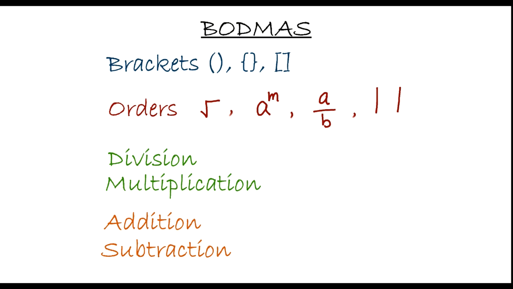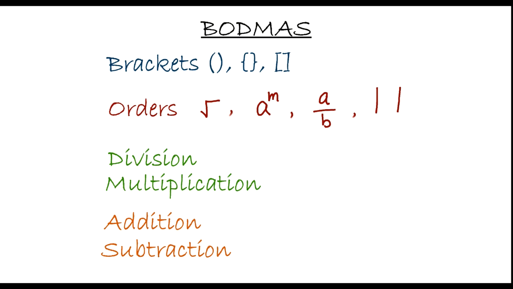That means when you have any brackets in your numerical expression, do the operations inside the brackets first. Then go for the orders. Orders are the special kinds of operations like roots, exponents, fractions, absolute value, or any other operations other than division, multiplication, addition or subtraction.